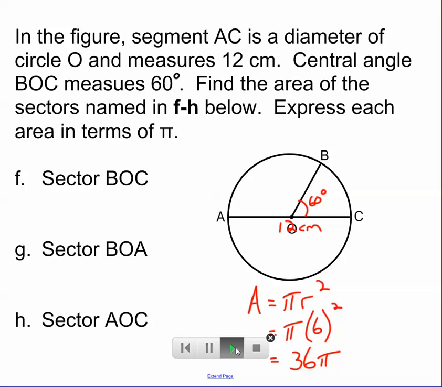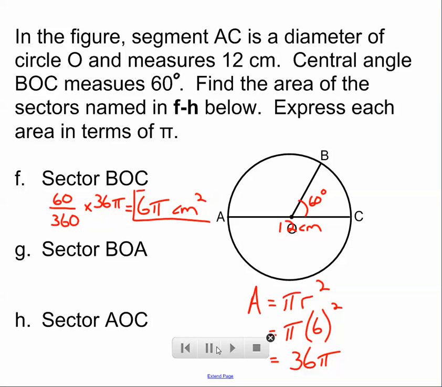Okay. Here's how we'll do that. Sector BOC is 60 degrees, so it's 60 degrees out of 360 degrees. We'll multiply that by the area of the entire circle, and we'll find out what fraction of the entire circle is BOC. It's going to be 6 pi centimeters squared.